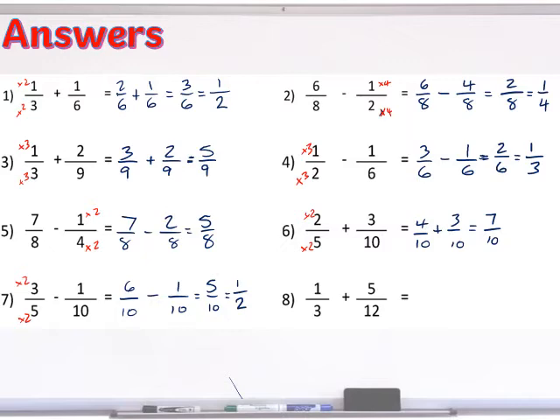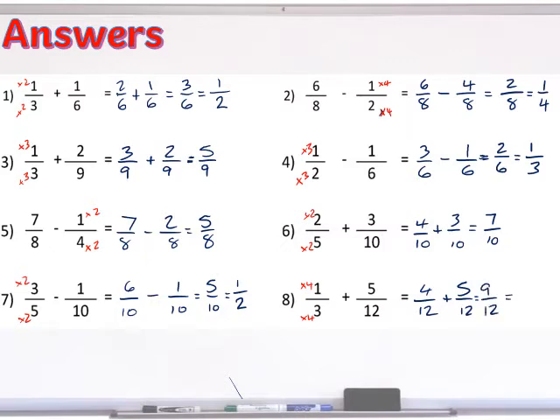Final question, guys. Hopefully you're doing okay with this so far. We're doing an addition, so I'm going to put that in so there's no confusion. 3 is a factor of 12, so we're going to stick with twelfths. That doesn't change. What have we done to the 3 to make 12? We've multiplied it by 4, so we've got to do the same to the top. 1 times 4 is 4. Now we can do 4 add 5 is 9. 9/12.